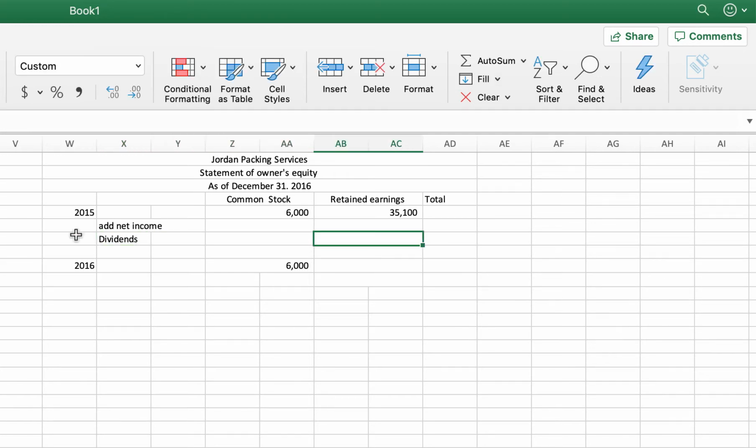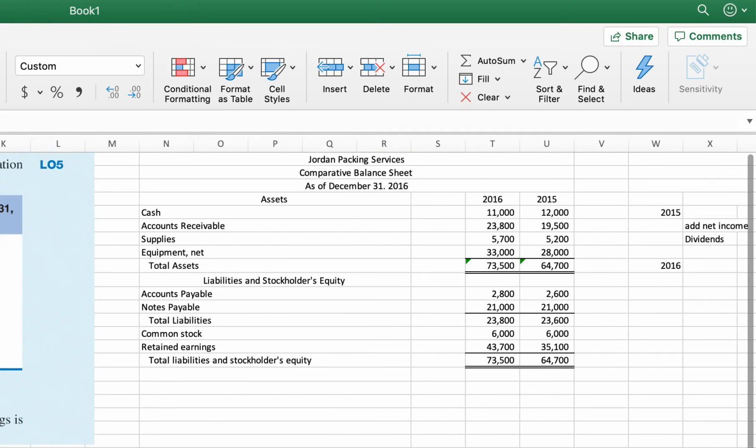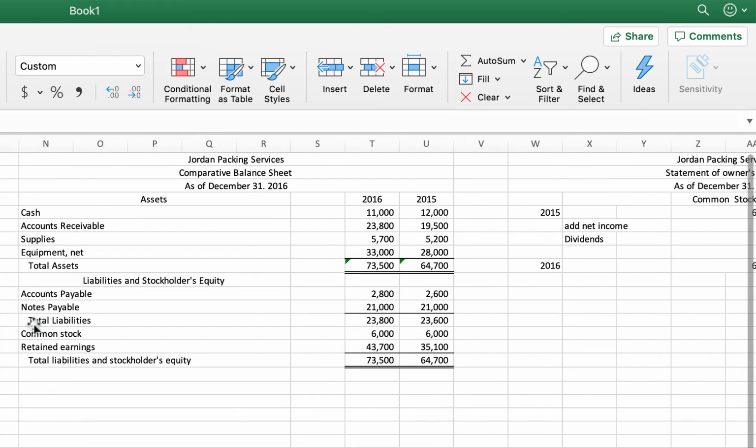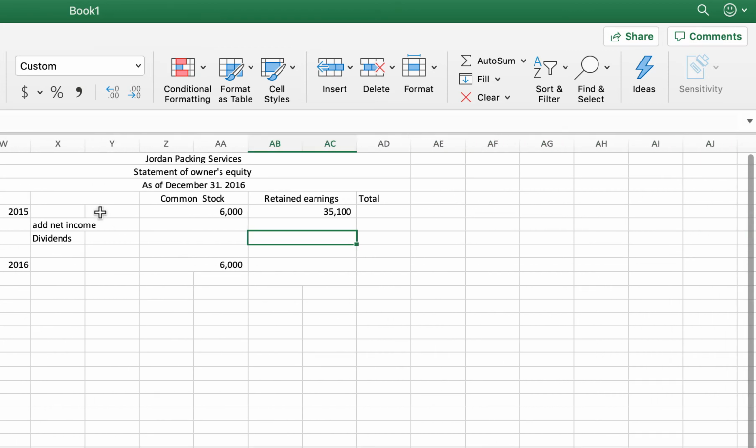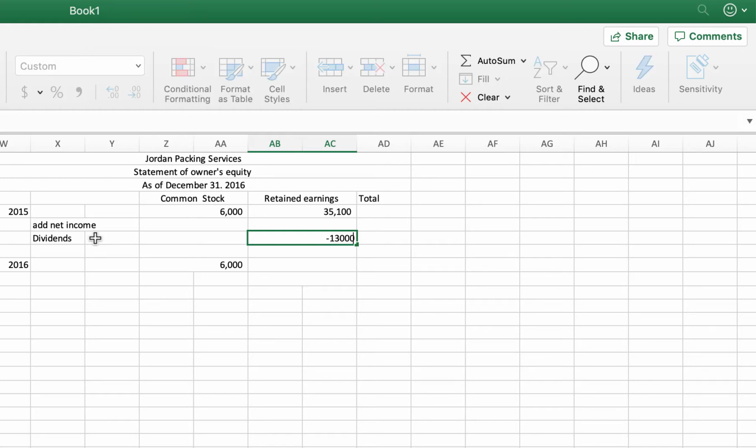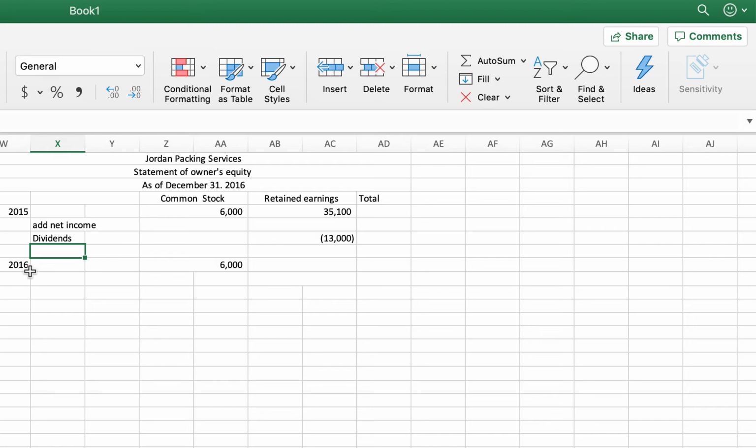I know for a fact that my dividends, if I look at my problem over here, dividends are $13,000 in 2016. So I'm going to put that in. Dividends. I'm going to put a negative 13,000. Okay. I know that in 2016, my retained earnings at the end of the year is $43,700. I know that.